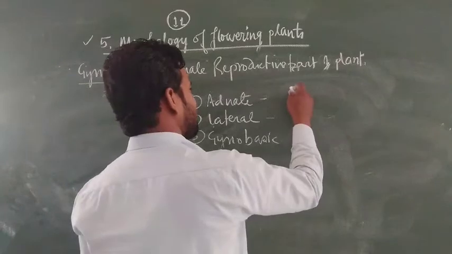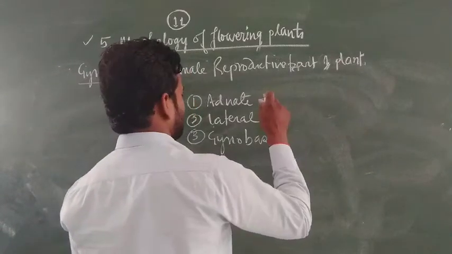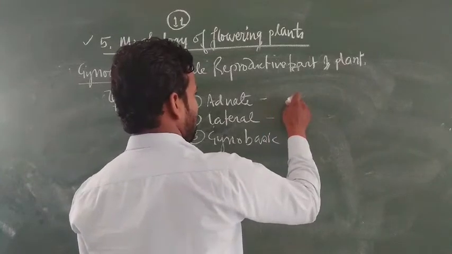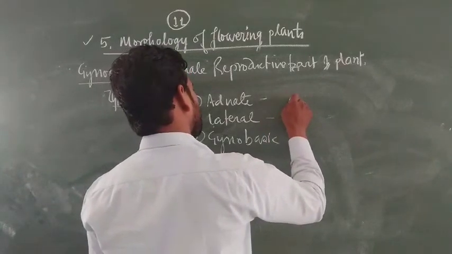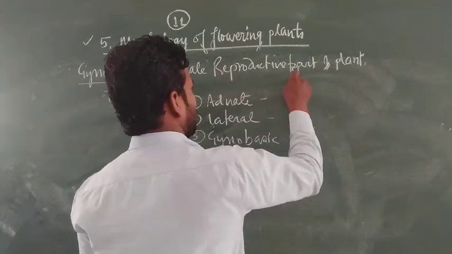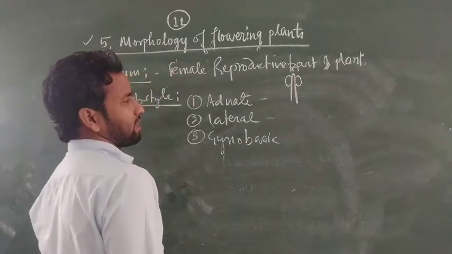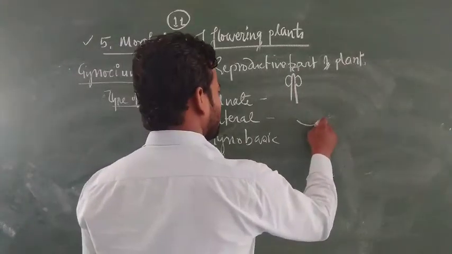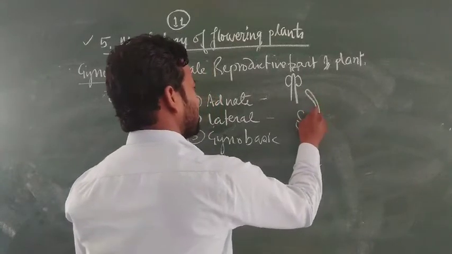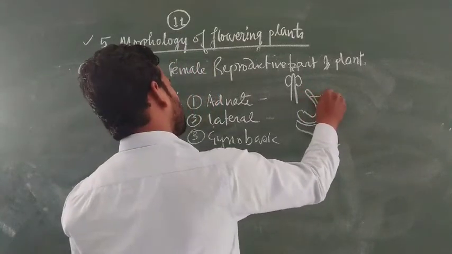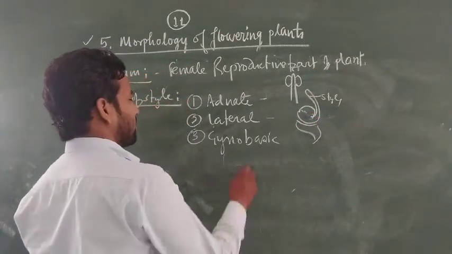Adnate means, suppose here the anther is directly separated by the style. Lateral style: this is the thalamus of the flower, and the style arises from the lateral side of the ovary. This is called lateral style.